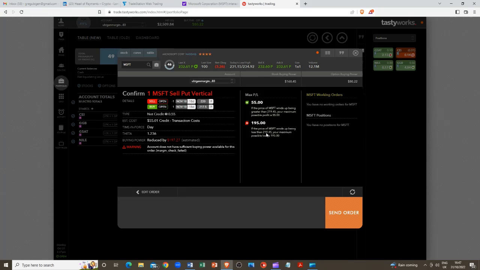If the price of Microsoft goes below 219.45, then the total amount you will lose is $195. So for the put credit spread, you're getting paid $55 to risk a loss of $195. That is simply how the put credit spread works.